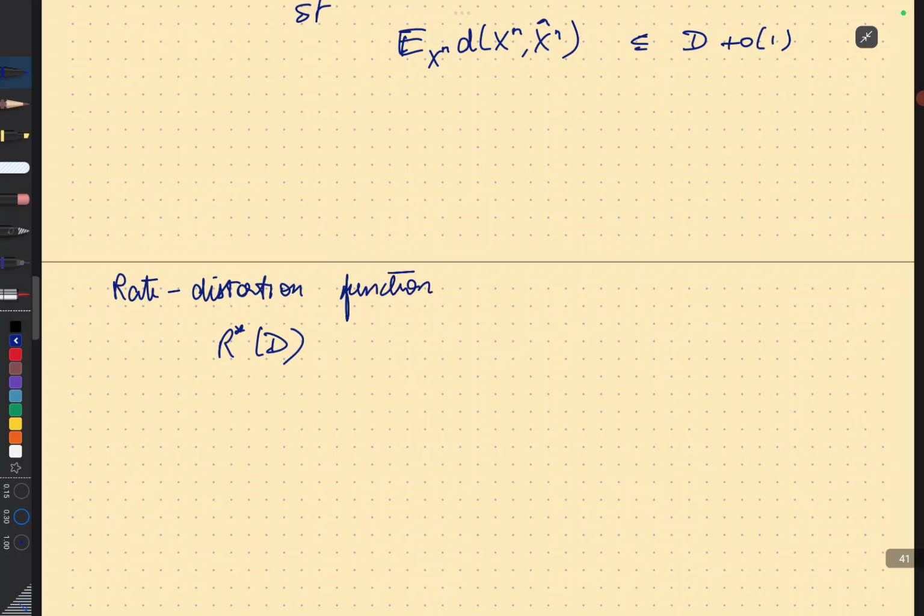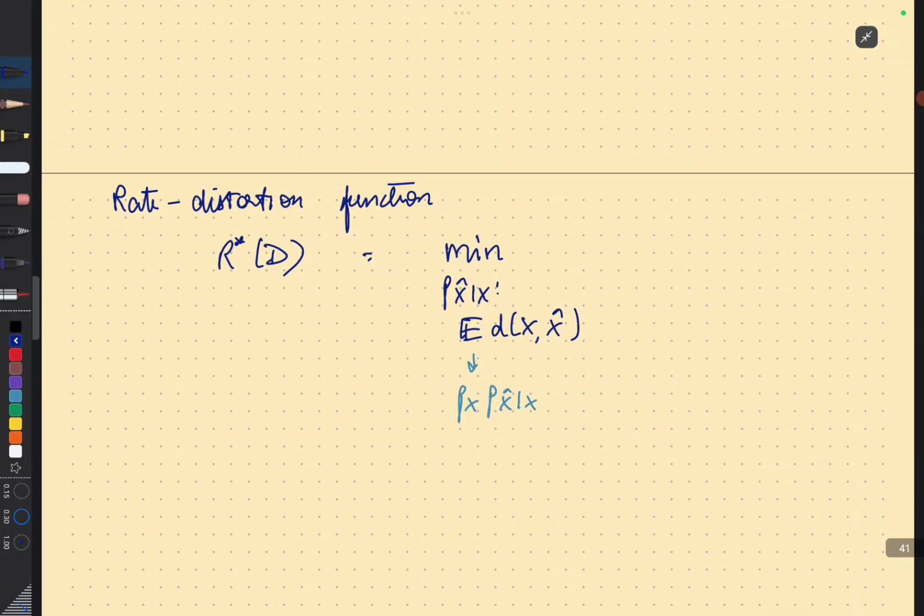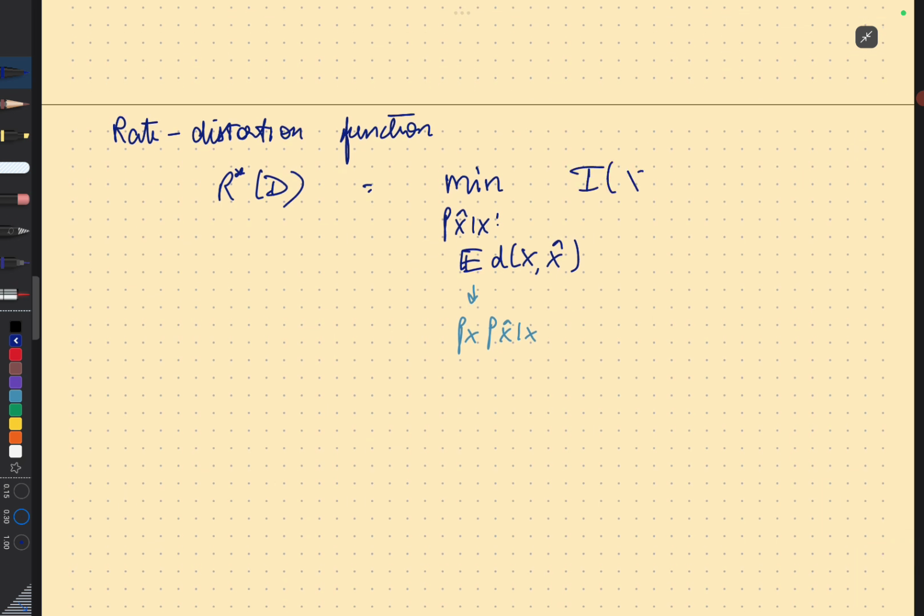So the minimum rate of lossy compression for a given distortion D is equal to the minimum over all possible distributions p(x hat given x), such that the expectation of d(X, X hat), where this expectation is taken with respect to the joint distribution p(x) p(x hat given x), is at most D, of the mutual information between X and X hat.